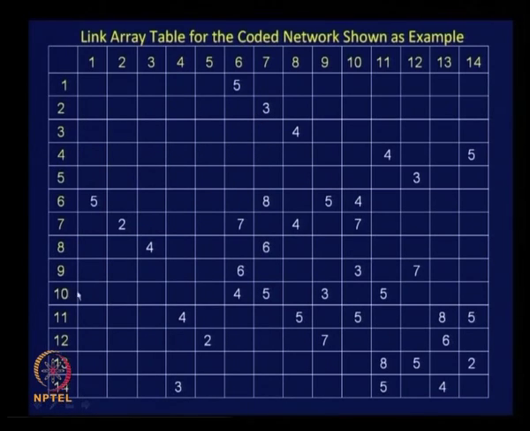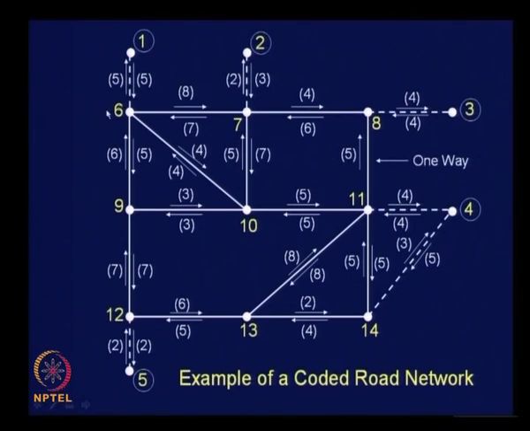In the other direction, from 7 to 2, it is only 2 minutes. If you want, you can just look at the picture again and try to understand. 2-7 and 7-2, there is a connection. In one direction we have 3 minutes for 2-7, and 7-2 is 2 minutes.